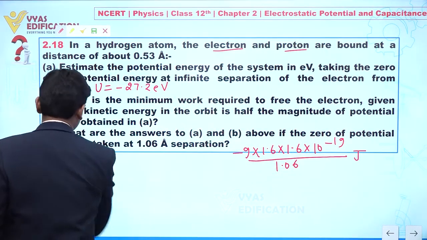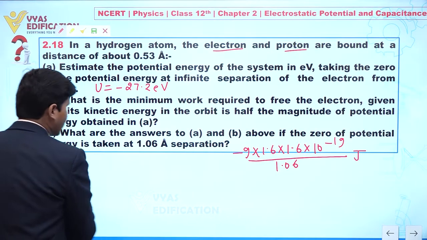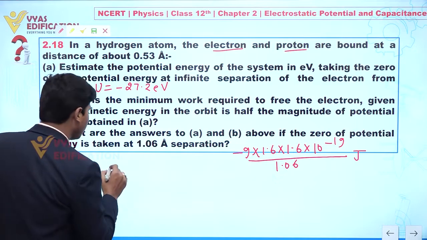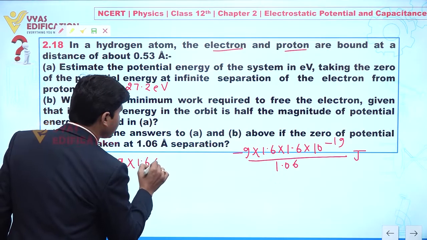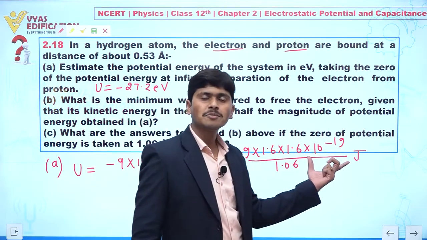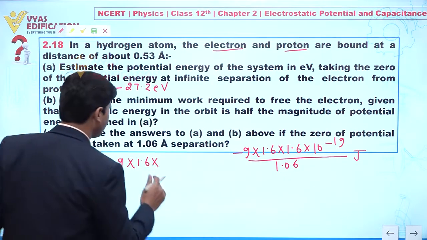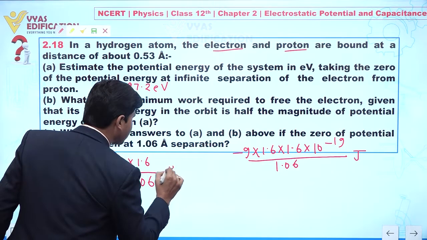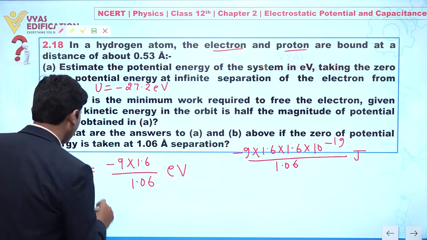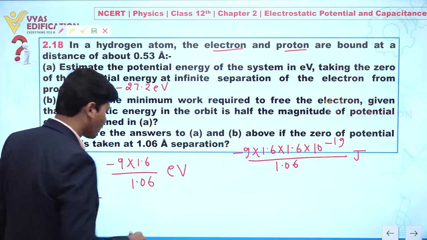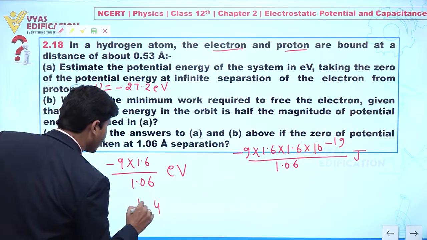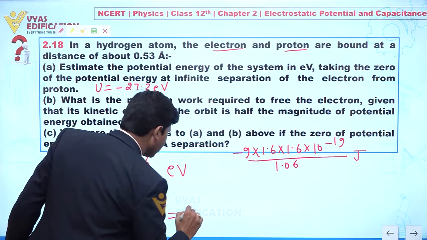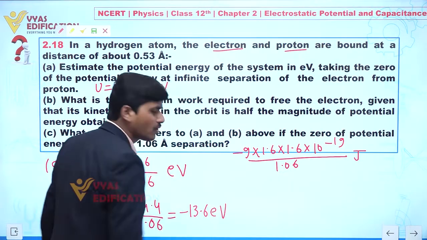So the value of U is 9 into 1.6, the 1.6 into 10 to the power minus 19 cancels out, divided by 1.06, and this is in electron volt. If you calculate, 9 multiplied by 1.6 is 14.4, divided by 1.06. So you will get approximately minus 13.6 electron volt.